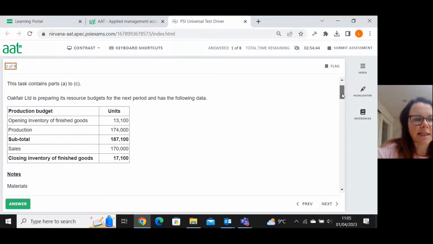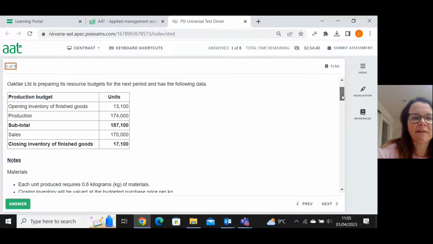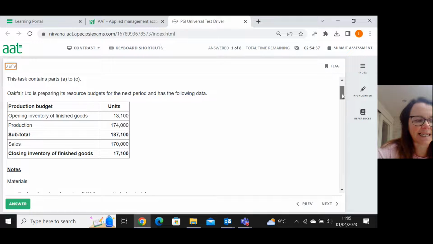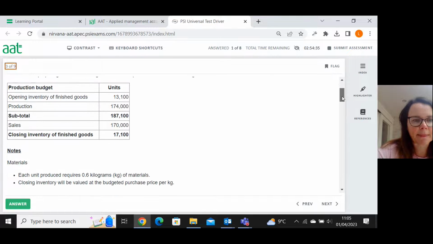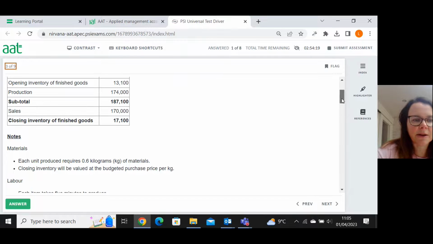So this task contains A to C. Oak Fair Limited is preparing its resource budgets for the next period and has the following data. So this is the number of units. Each unit produced requires 0.6 kilograms of materials. Closing inventory will be valued at the budgeted purchase price per kilo.